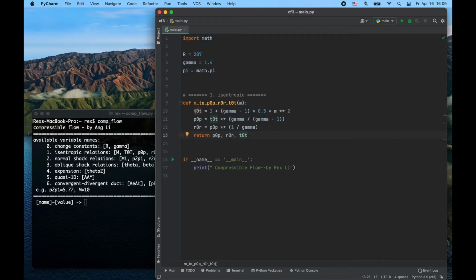So this function will return a tuple that has three elements. The first one is the total and static property ratio of the pressure. The second one is total density over static density. The third one is temperature. Let's give them a test to see if these return values are correct.